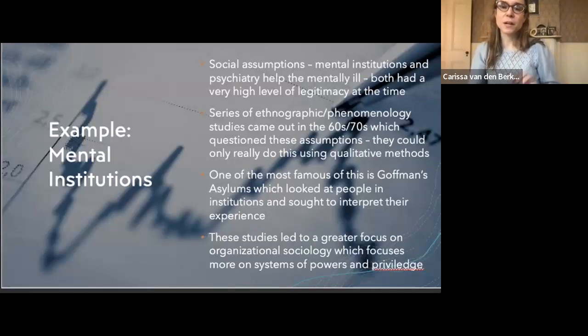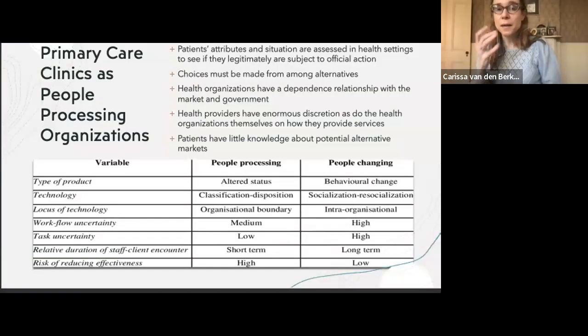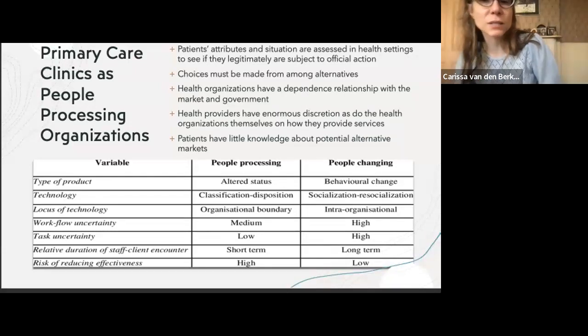So these studies led to a greater focus in organizational sociology, which focuses on systems of power and privilege. They've also led to different ways of structuring how organizations work.